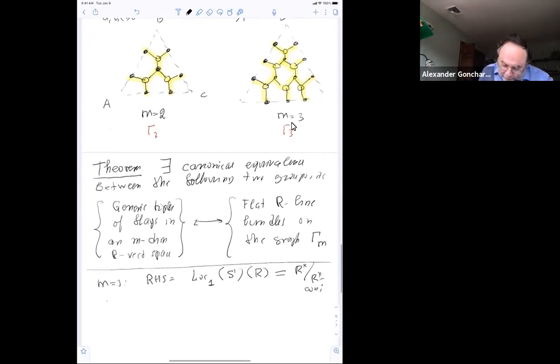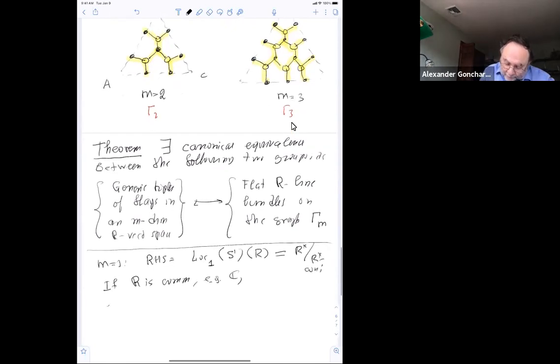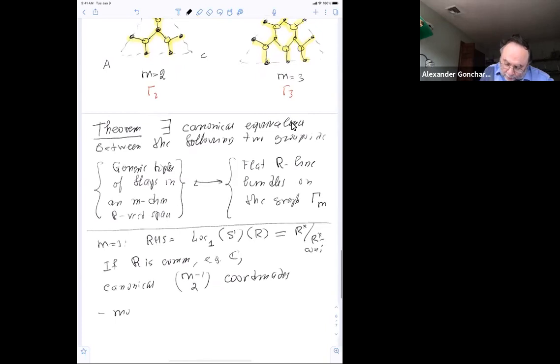So, and in general, if R is a commutative field, for example, complex numbers, then we have canonical coordinates, and the number of them is m-1 choose 2. And these coordinates are monodromies around the holes.